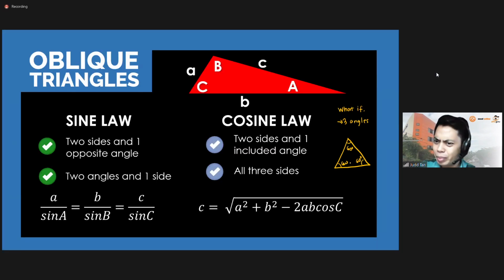So, masasabi ba natin anong sides dito? No, di ba? Kasi, equilateral triangles can vary. Pwede pong sobrang liit, pwedeng sobrang laki, no? So, equilateral triangles, it can be different values, no? So, ganyan din po kapag tatlong angles. Given only three angles, we cannot know the value. So, unsolvable po sila. Okay?